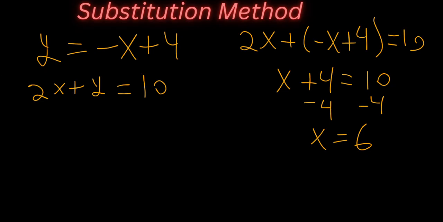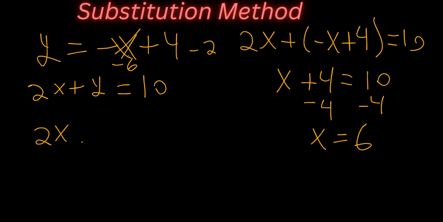All right, now the moment we get that, we can plug it back into either one of the first equations. Let's plug it into this one. So instead of negative x, it becomes negative 6. Negative 6 plus 4 equals negative 2. So y equals negative 2.